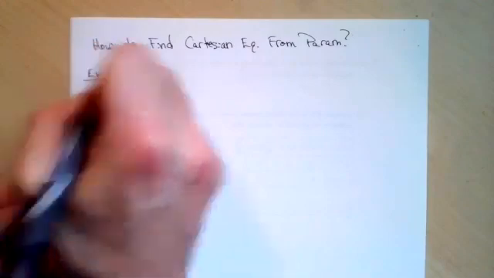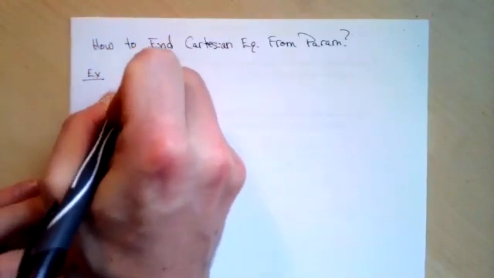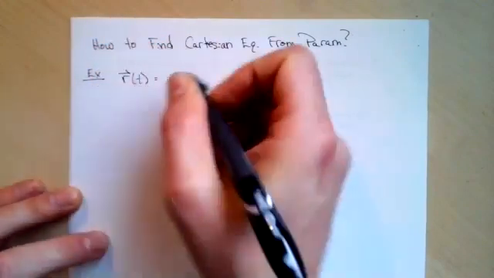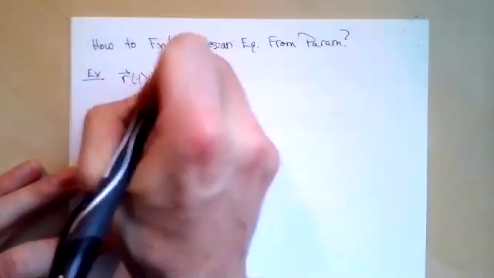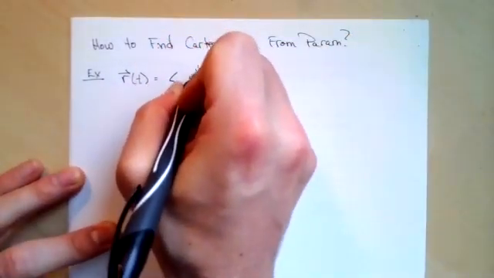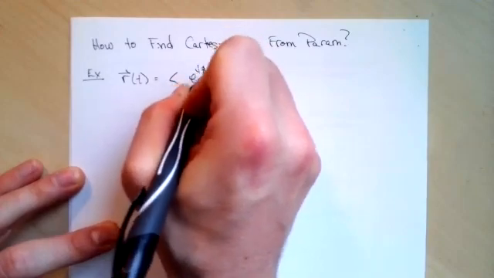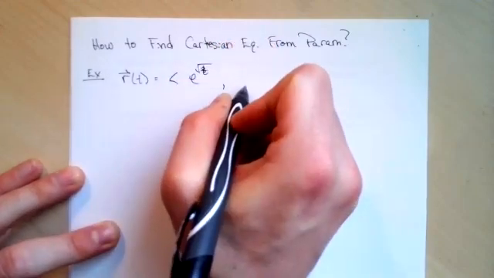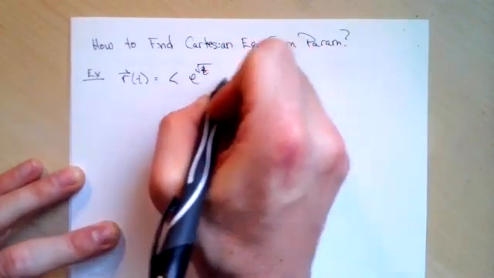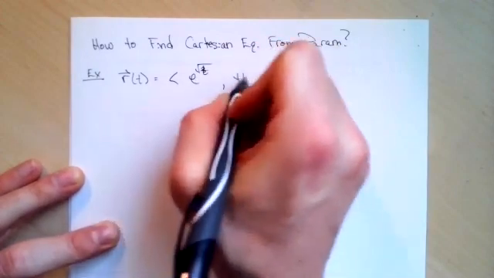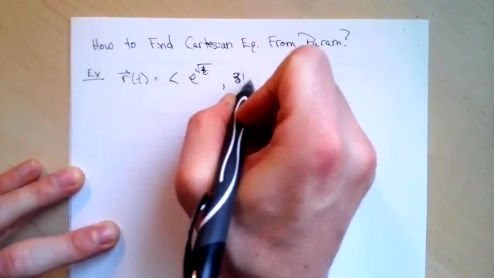So let's just see a couple of examples. The methods are essentially going to be the same. It's just that sometimes they can get a little trickier, I think. So for example, if we are given parametric equations x equals e to the square root of t, and y is equal to 3t minus 1.